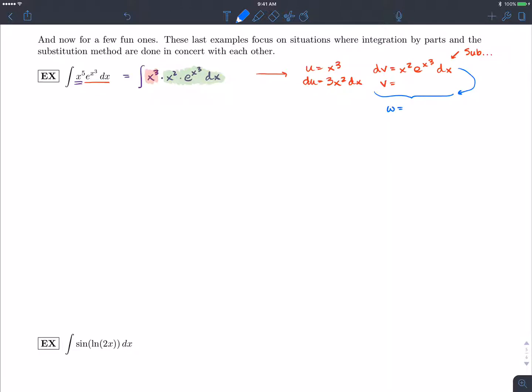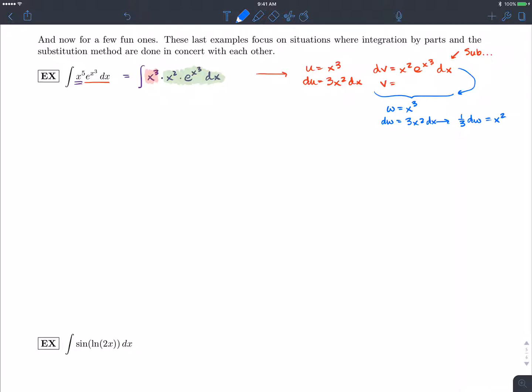So if I was to let w be x cubed, dw would be 3x squared. And we don't have a 3, so if we divided both sides by 3, we'd get 1/3 dw is equal to x squared dx.